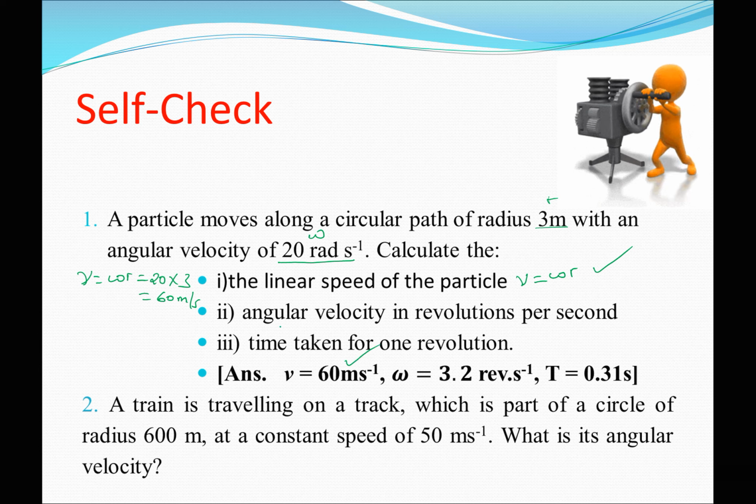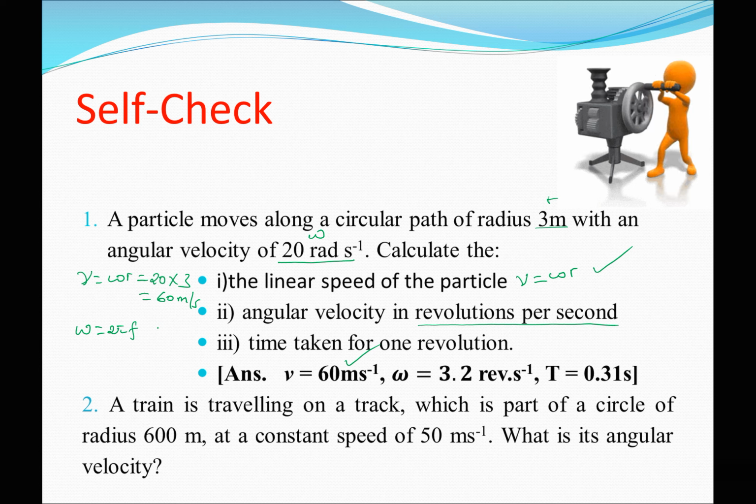Then the angular velocity in revolutions per second. Omega is the angular velocity, but if it is in revolutions per second, then it is almost the same as frequency, because omega is equal to 2 pi f. Omega is 2 pi f.